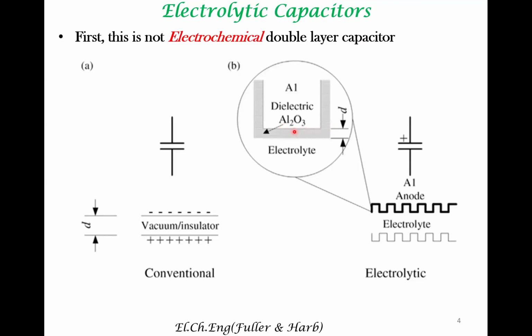The thickness of this alumina is the D that we refer to in the context of conventional capacitors. So the charge is stored across this distance D. This is the blown up part of this particular oxide layer and the adjacent metallic layer.